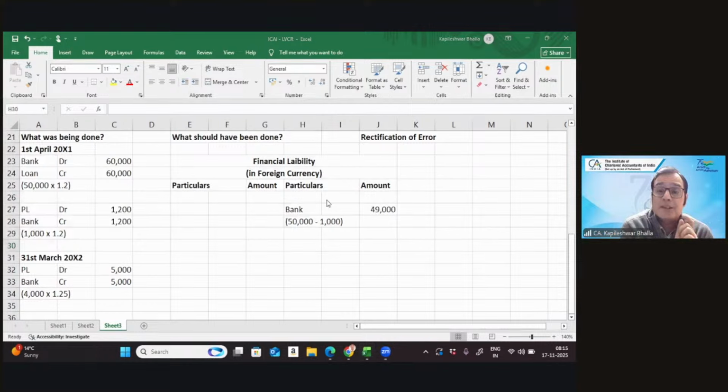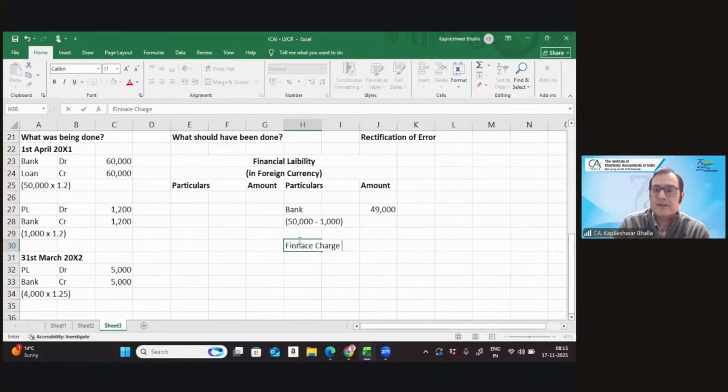That's right, we need to convert this into INR at a later stage. But what do we do at this stage when we have captured the financial liability? The finance charge. And can I say the finance charge is going to be considered at the effective interest rate in this case? So let's record the finance charge.